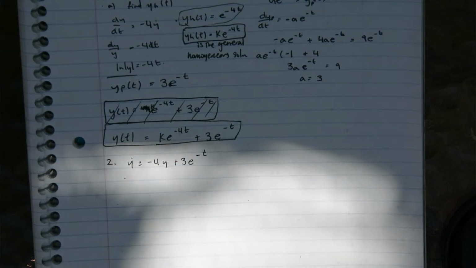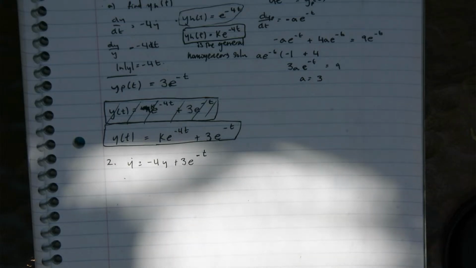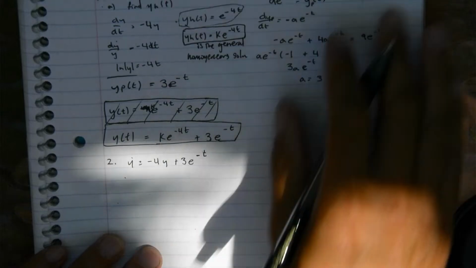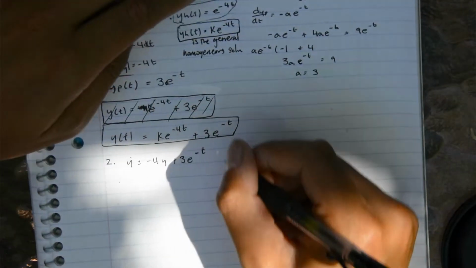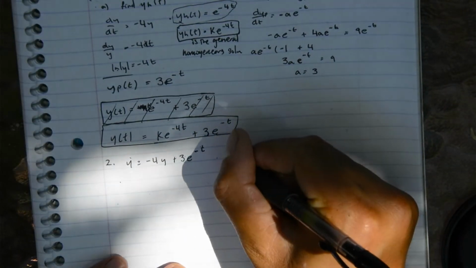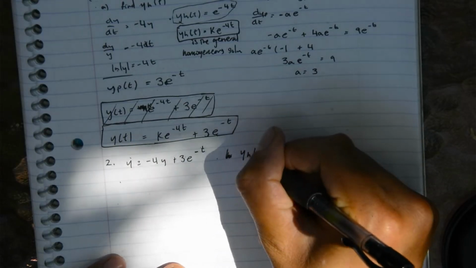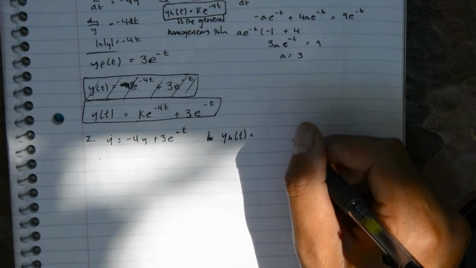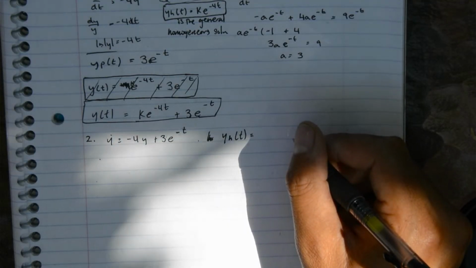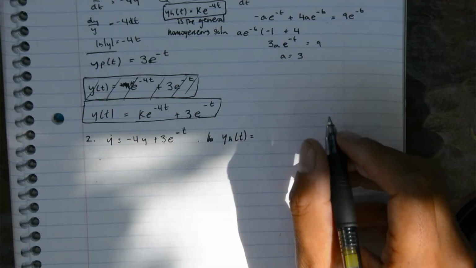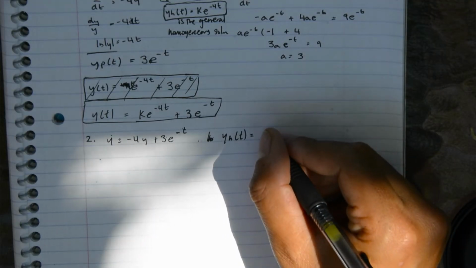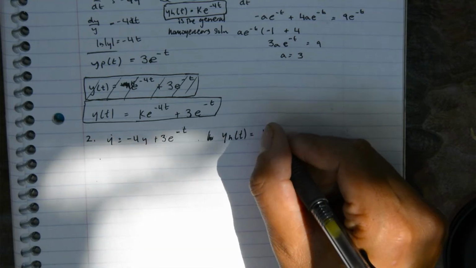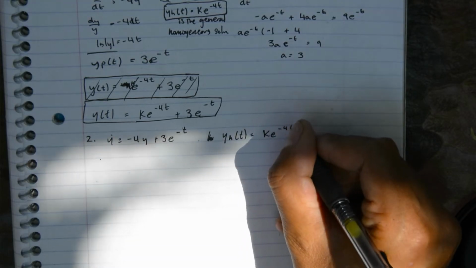Okay, so the second one is y dot equals minus 4y plus 3e to the minus t. This one looks very similar. So first off, the homogeneous, y_h of t, isn't it just going to be k e to the minus 4t again?